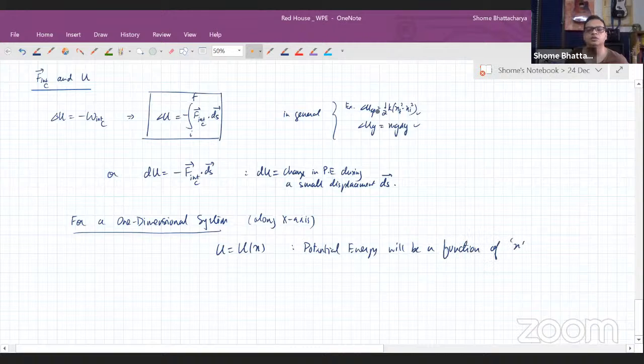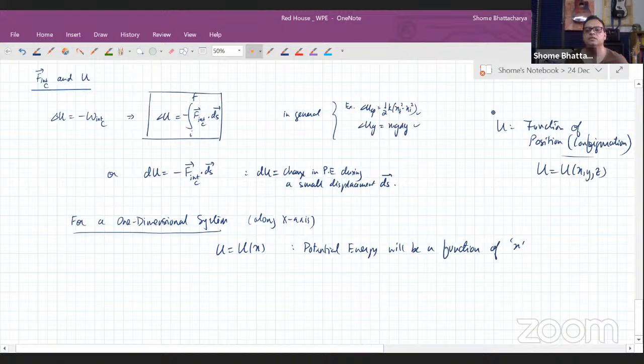Because in general, what is potential energy? Potential energy is a function of position, or what we call configuration. So for a system, the configuration has to do with the XYZ coordinates. So in general, it is a function of XYZ. So for a 1D system, it becomes a function of just the one coordinate, because the Y and Z coordinates are not changing. It's one dimensional.